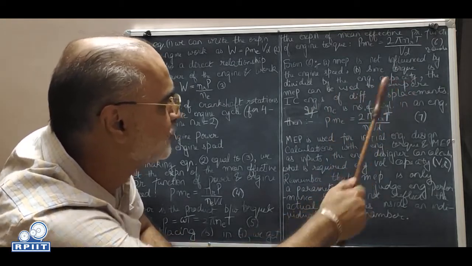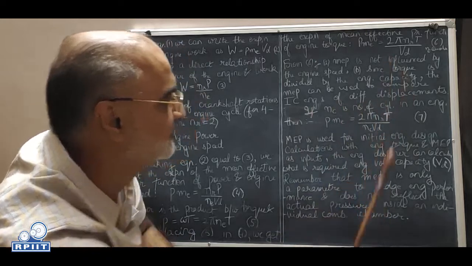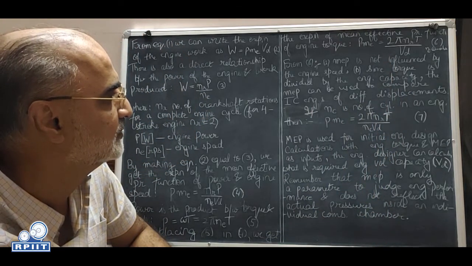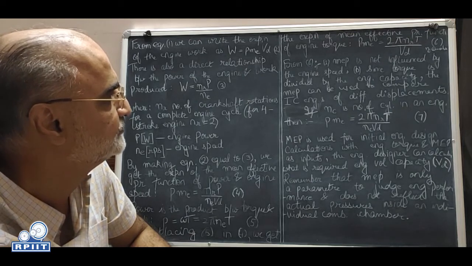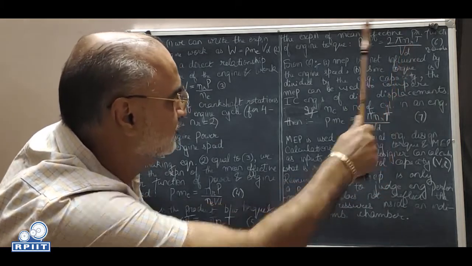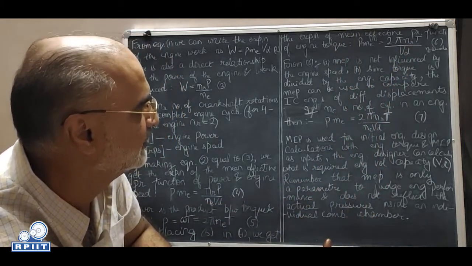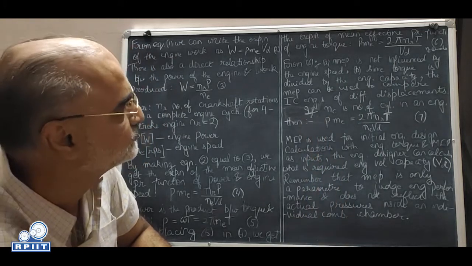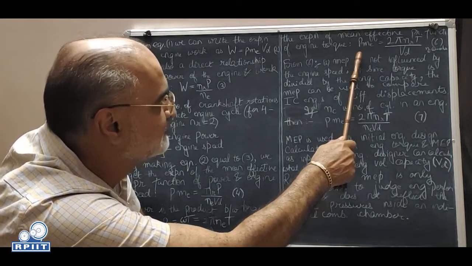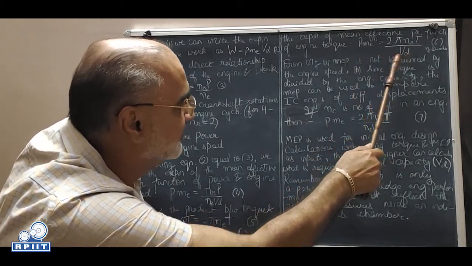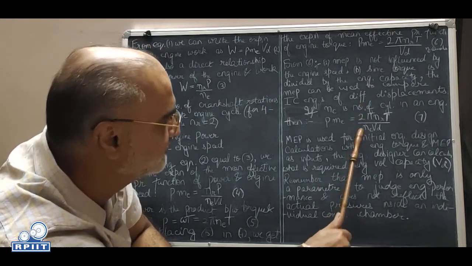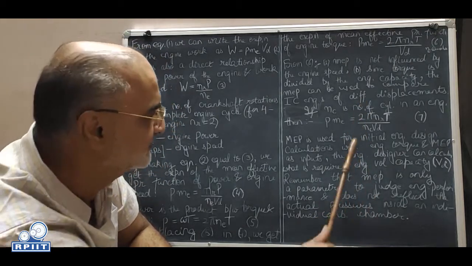The MEP can be used to compare IC engines of different displacements. If NC is the number of cylinders in an engine, then the expression becomes PME equal to 2 pi nR T divided by VD, divided by NC. For a 4 cylinder engine, NC will be 4. For the Maruti 800, this will be 3.